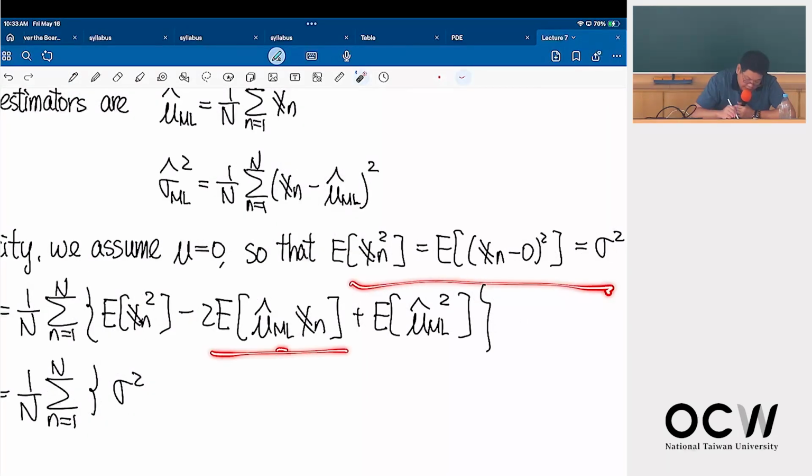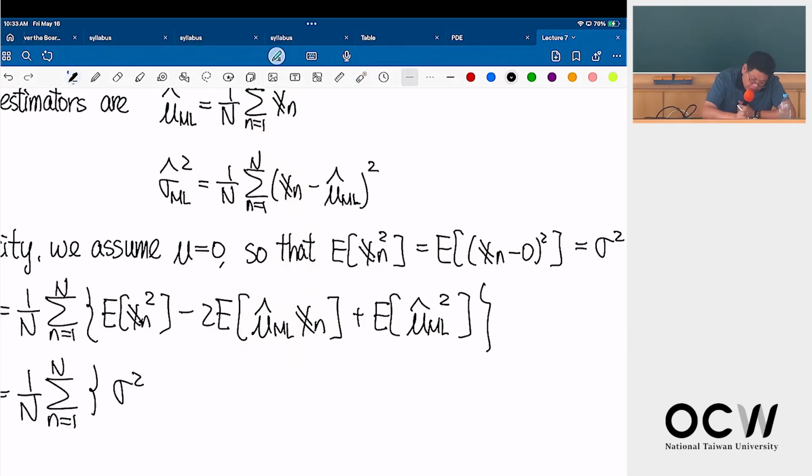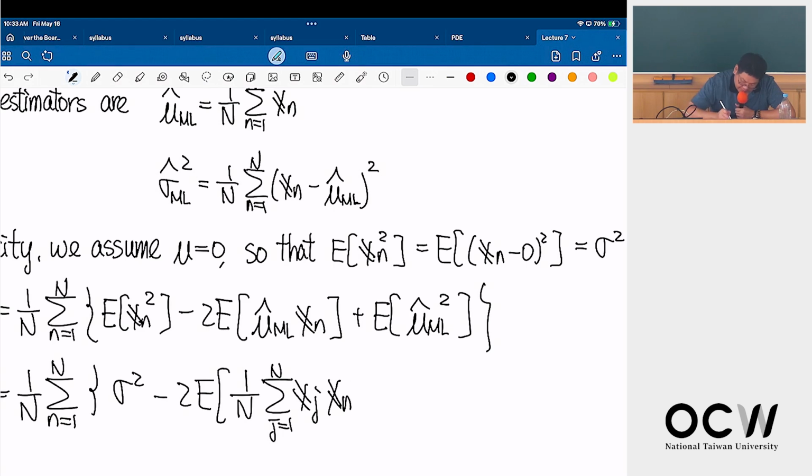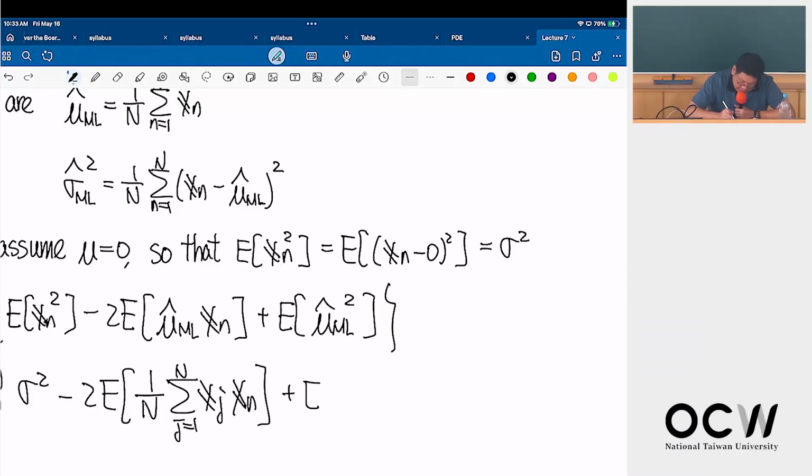Now the second one, what is this estimator here? We can bring it into this expectation: minus 2 times the expectation of 1 over N summation j from 1 to capital N, xj, times xn.